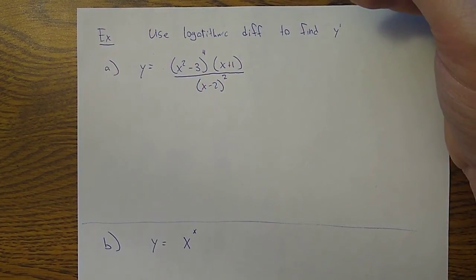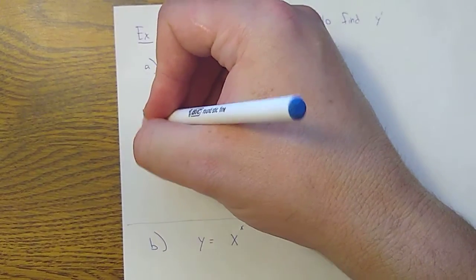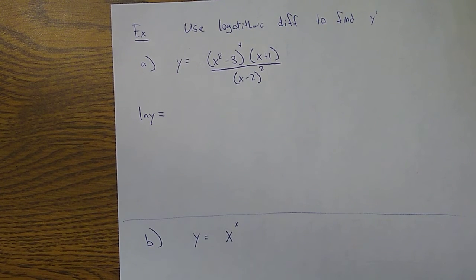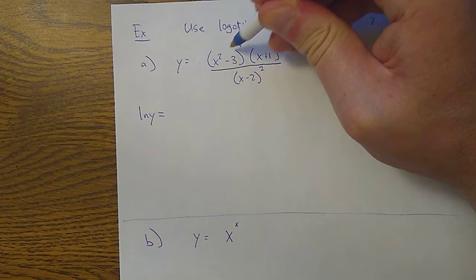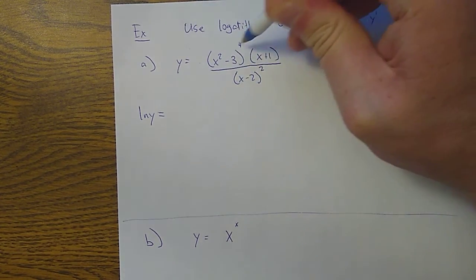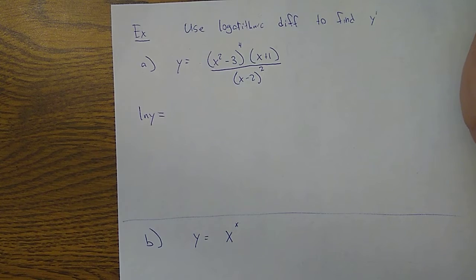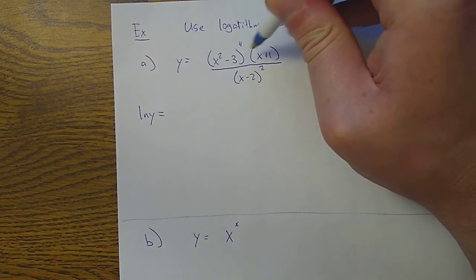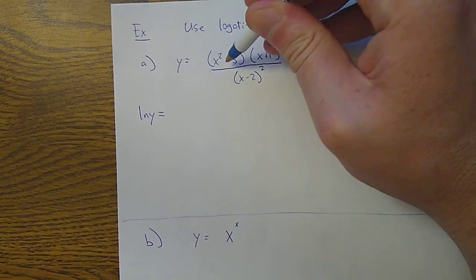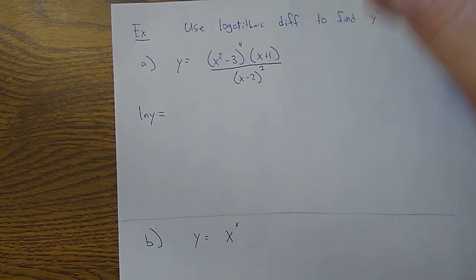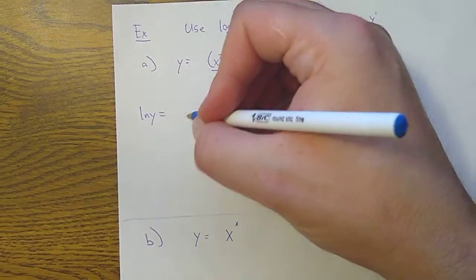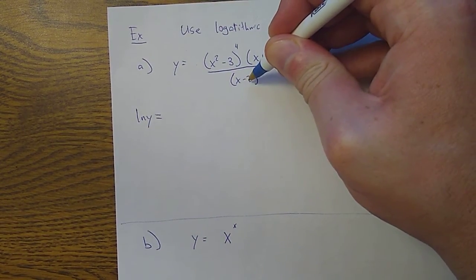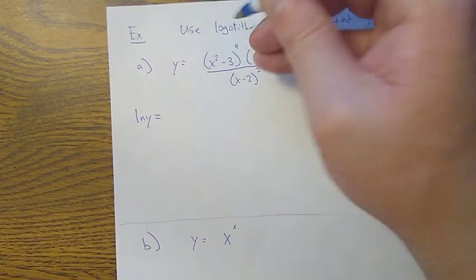So here's how you do logarithmic differentiation. First step is to take the natural log of both sides. And as I go, I'm going to simplify the natural log of this, using log rules. That's the point of using logarithmic differentiation. If you remember, for log rules, if you have the log of a fraction, I can turn this into the ones on the numerator being positive and the ones in the denominator being negative, and the powers can come down.